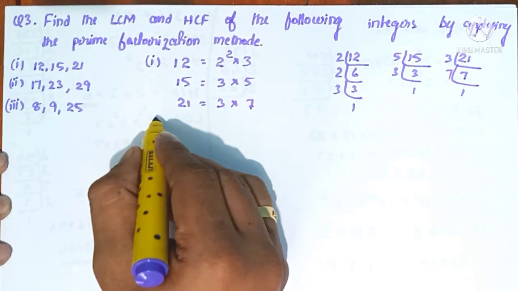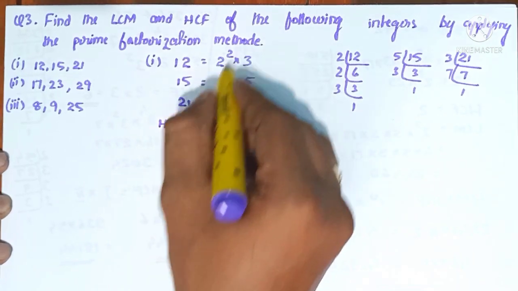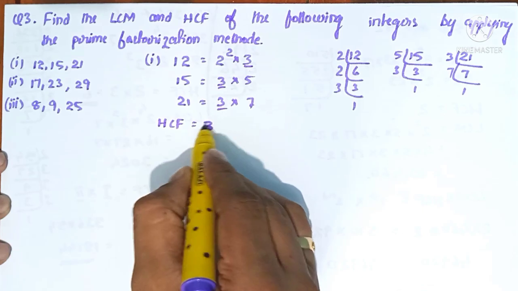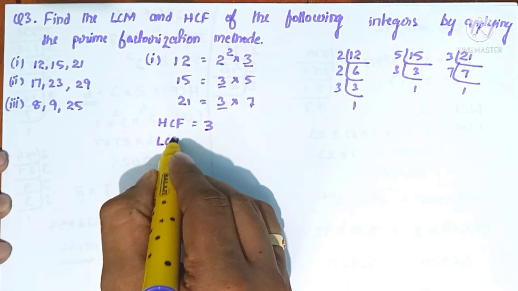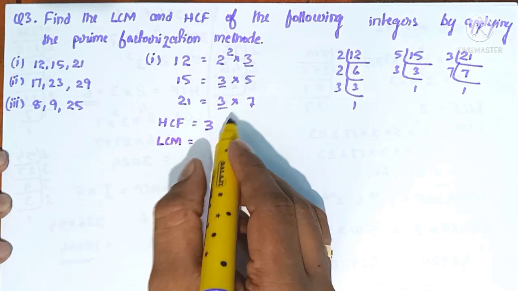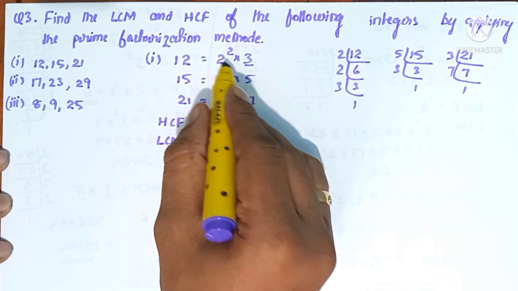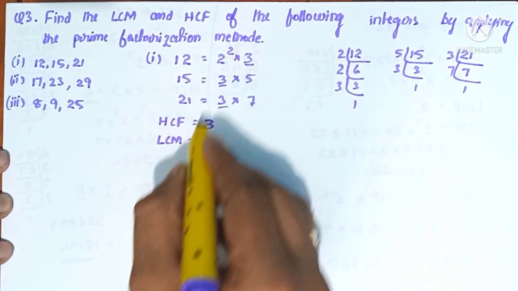So what is HCF here? The highest common factor in all the three, that is 3. HCF is 3. And how about LCM? LCM is the numbers with the highest powers. We have to take all the numbers.